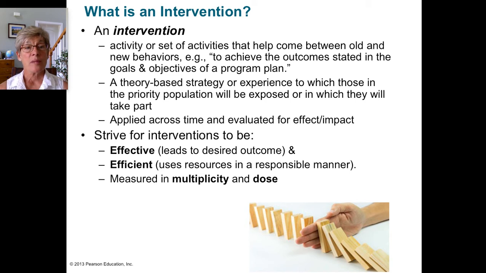So in program planning, we strive for interventions to be effective, meaning that they lead to the desired outcome, and efficient, that they use resources in a responsible manner. And the interventions are measured in terms of multiplicity, meaning the number of activities that are involved, and the dose, or how often those activities occur across time.